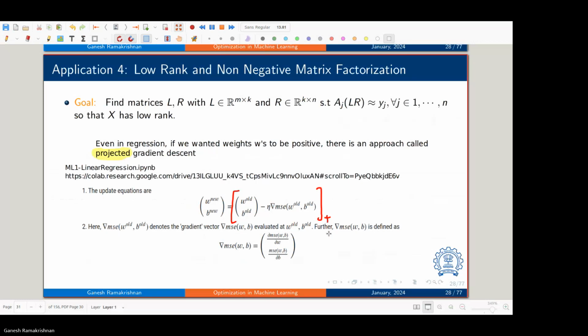To understand what plus is doing, it sets negative entries to 0. R is equal to, similarly, R whole plus.